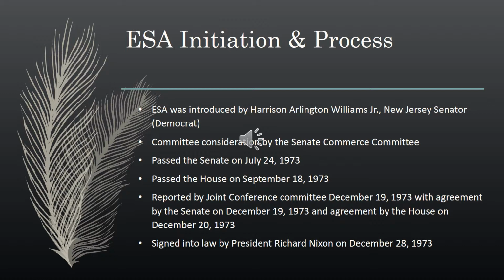And it was reported by the Joint Conference Committee on December 19th, 1973, with agreement by the Senate on the same day, and agreement by the House on December 20th, 1973. The act was signed into law by President Richard Nixon on December 28th, 1973.